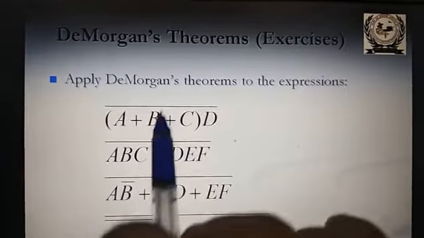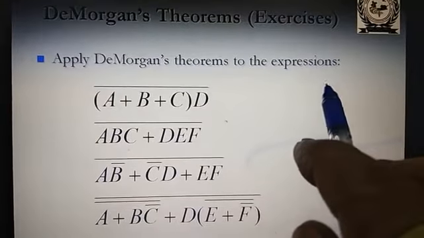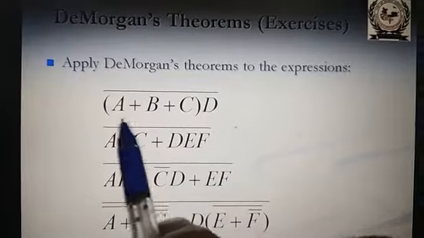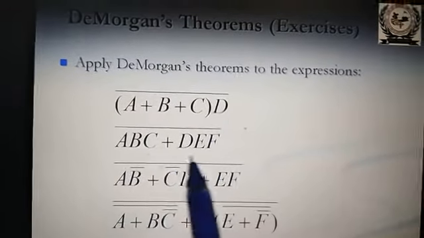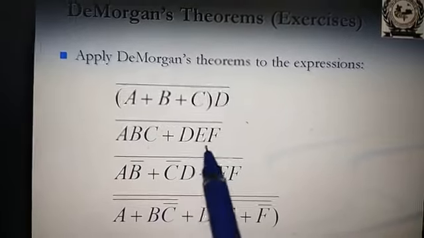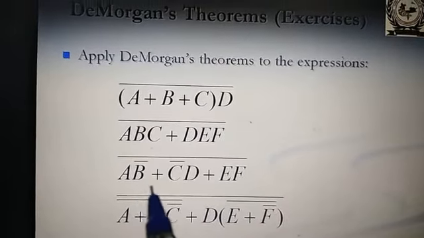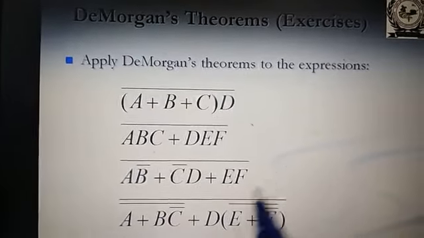Then again another exercise. Apply the De Morgan's theorem to the expressions a plus b plus c whole bar, a plus b plus c in one bracket into d whole bar, abc plus def whole bar, ab bar plus c bar d plus ef whole bar.